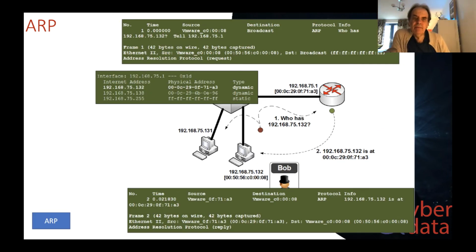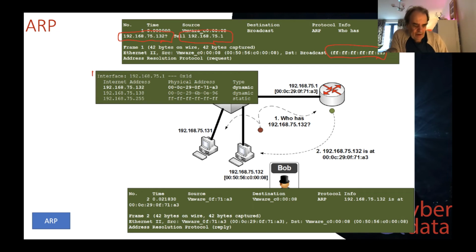Okay, so here's an example. We see a request going out. The request here is asking for the MAC address of this machine and to tell this machine. This is the broadcast that we see, which is all Fs onto the whole network.